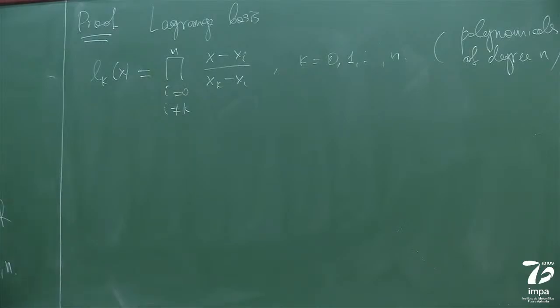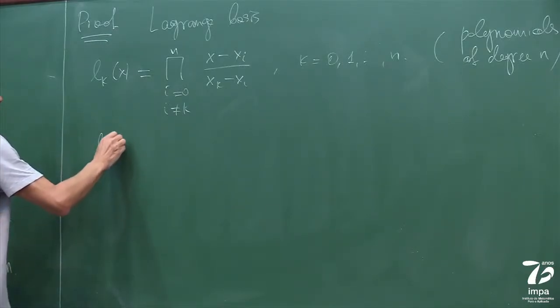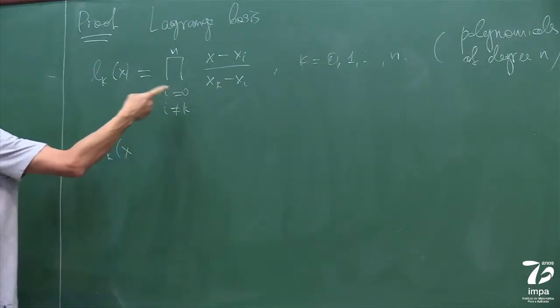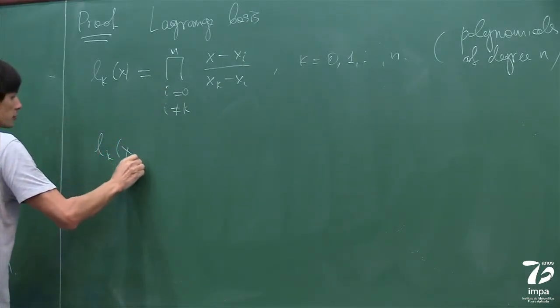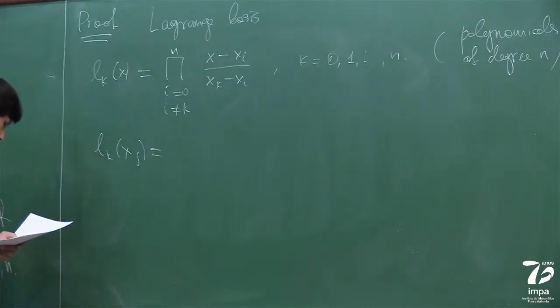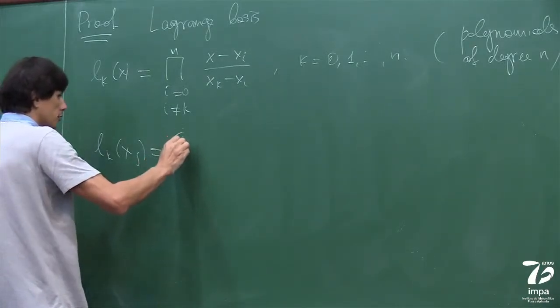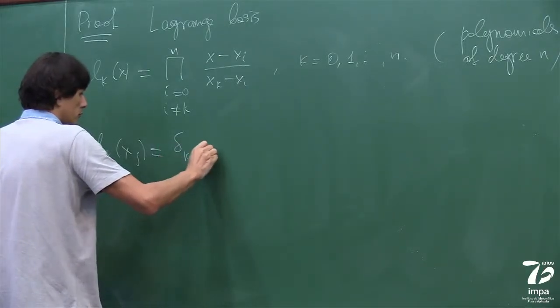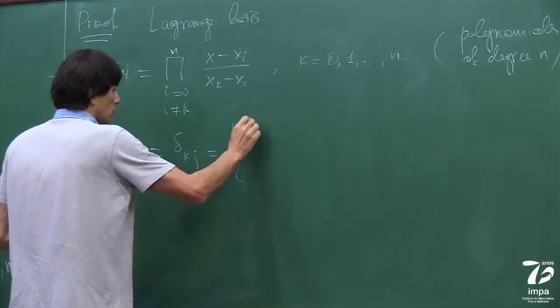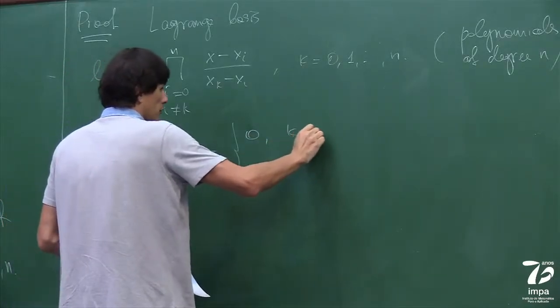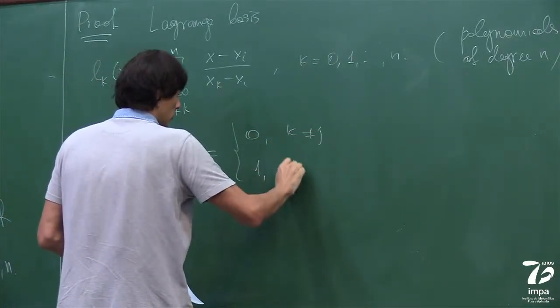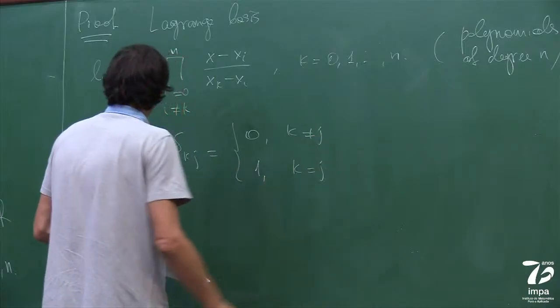And they have the property that Lk computed at the point xj is delta kj: 0 if k is not j, and 1 if k equals j.